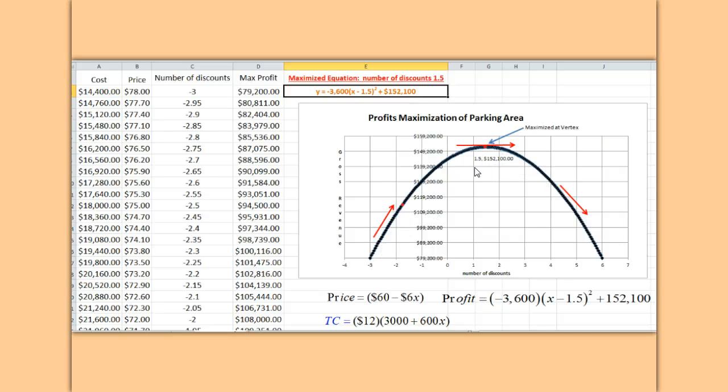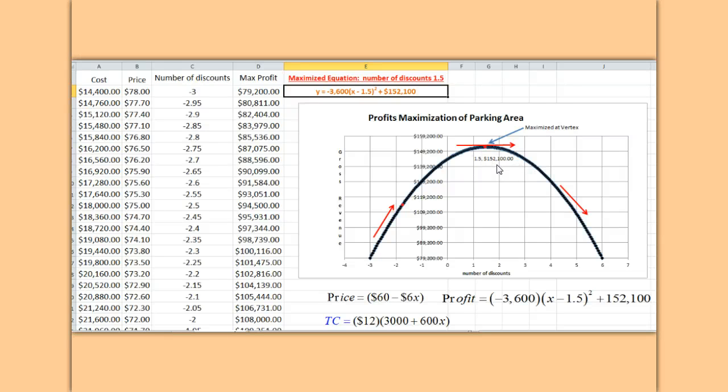I plotted the whole graph because I want you to see the whole parabola. That a is minus 3,600, so the parabola is opening downwards. And x is 1.5 right there.